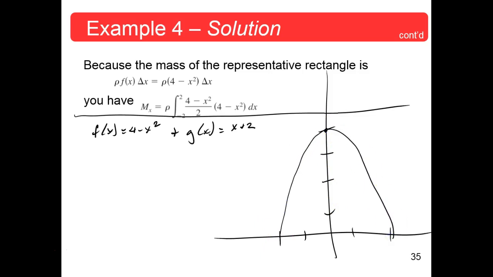Something like that. But g of x is x plus 2. There's the y-intercept of 2, slope of 1. So that's going to be the line that goes something like that. Okay? Where this is the point 1, 3.